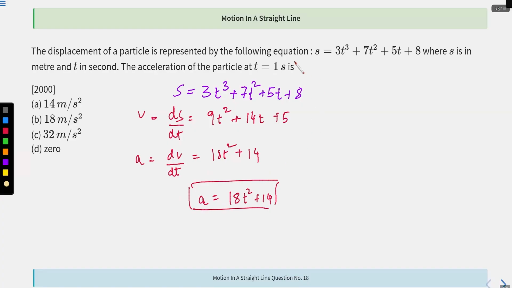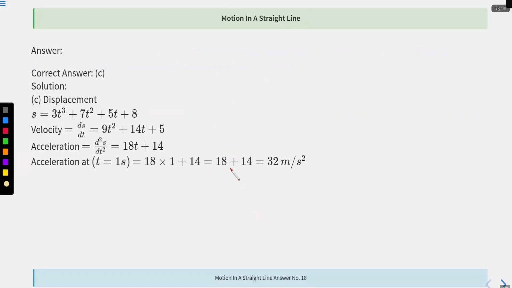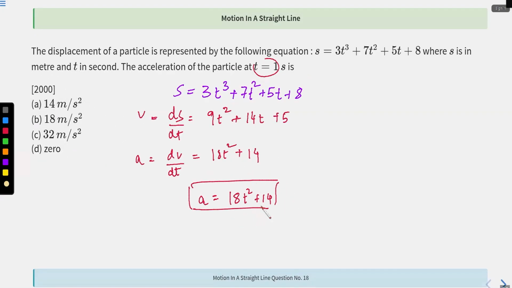They have told us at time t equals 1. So at t equals 1, you just need to put a equals 18 into 1 plus 14. That is 18 plus 14. What is 18 plus 14? 32. So the acceleration of the specific particle is 32.